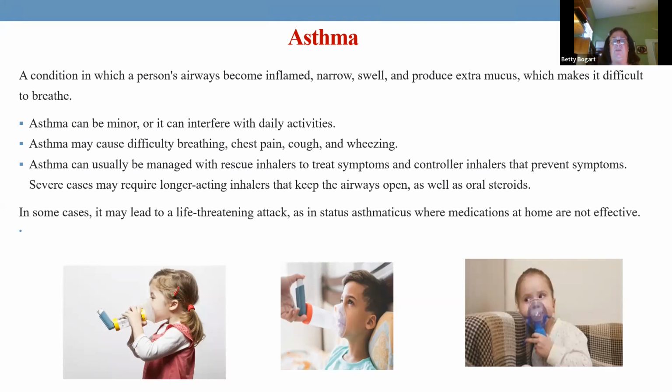So how do we treat it? Well, we're going to be treating it with a rescue initially. And it could be with an MDI, that little puffer machine. Now, one of the things that you need to be sure of is when a child comes into the doctor's office or emergency room, and they've been using their rescue for 2 days and it's getting worse, find out how they're administering it.